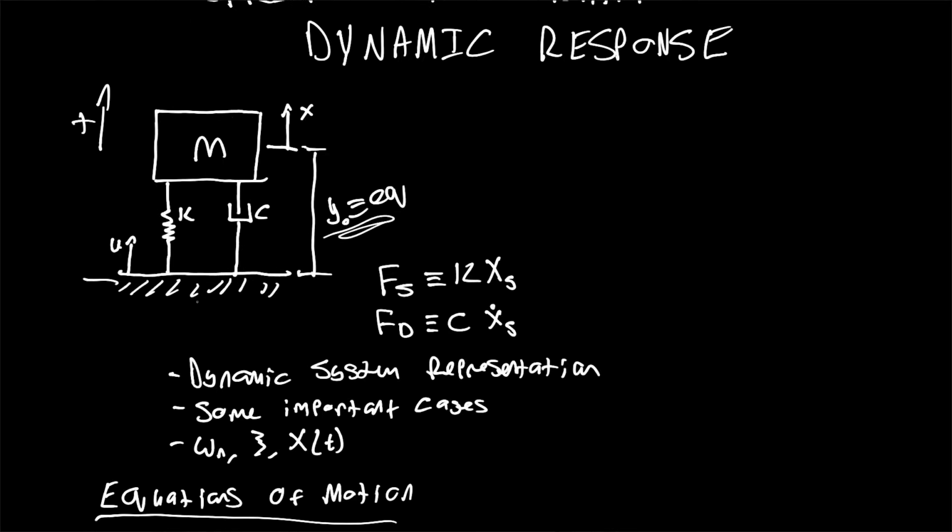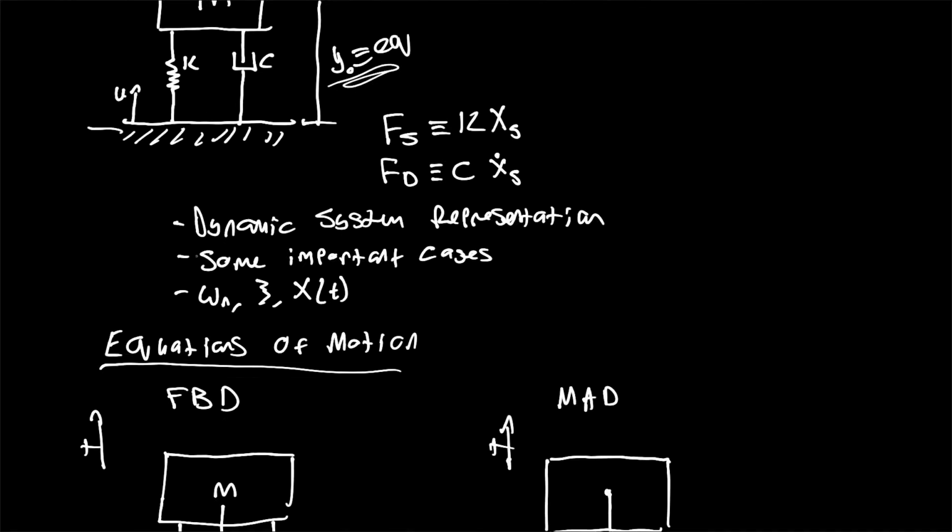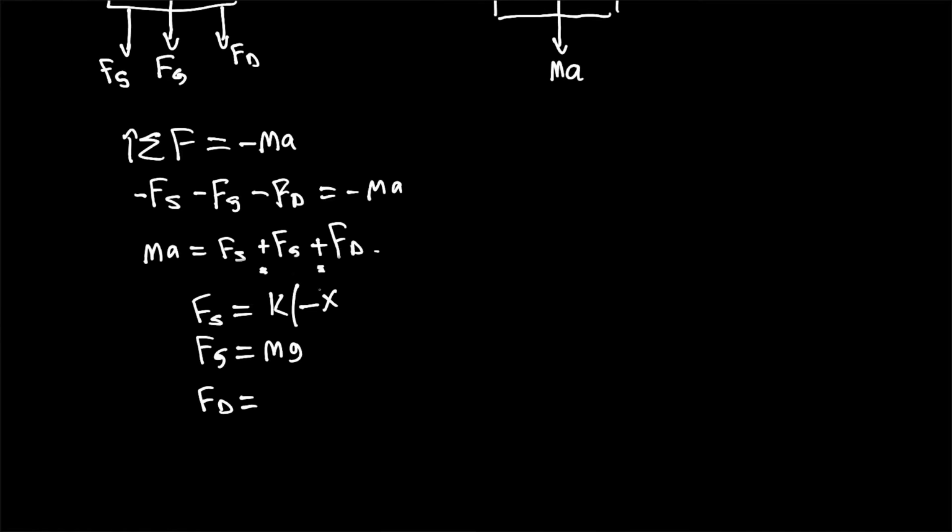And just in case u does move, it's not supposed to, but we're going to include it in the dynamics anyway. If u moves in the positive direction, our spring is going to be under compression, and therefore the mass is going to be feeling a positive force. So u and the force in the spring are positively related to one another. And we're also going to add plus k y naught.